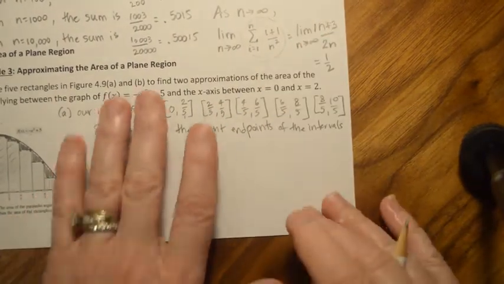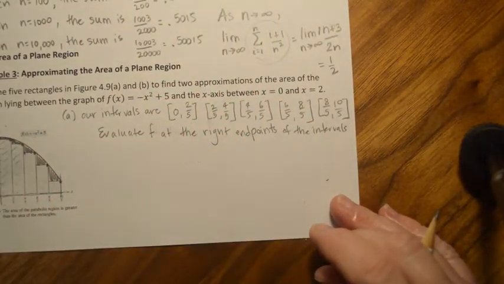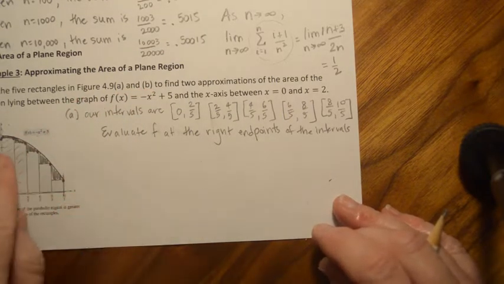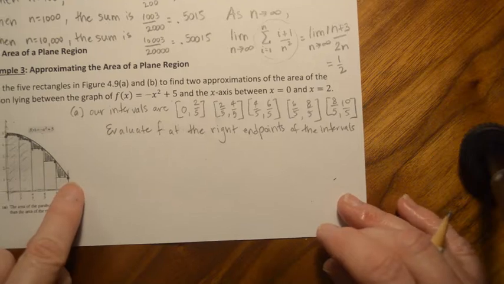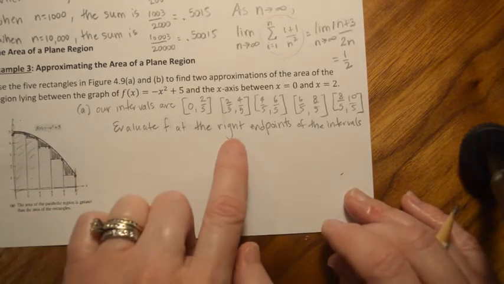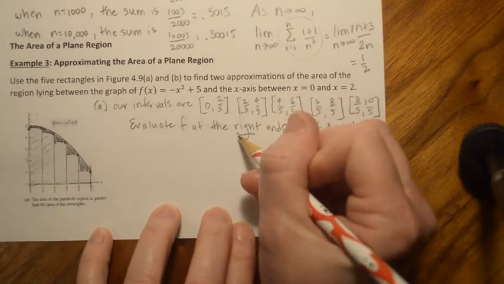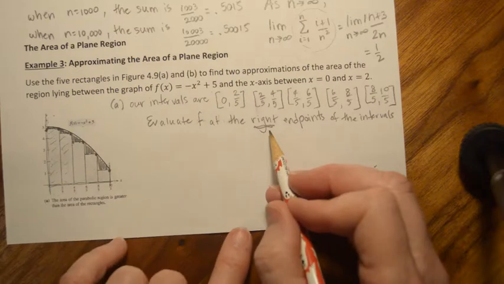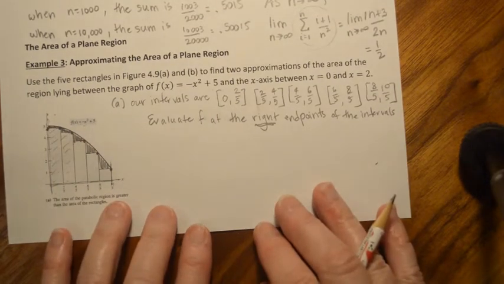It's not always going to be the right endpoint. In the next example, or in part B, we're going to do the left endpoints. It's also the right endpoints right now because this is decreasing. If the function's increasing, that could change. So don't assume that it's always going to be the right endpoints, but we do need to take note of what it is each time, whether we're going to use the left or the right. And in this case, it's going to be the right endpoints.